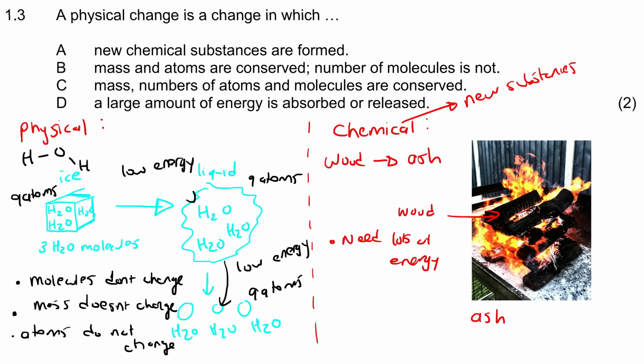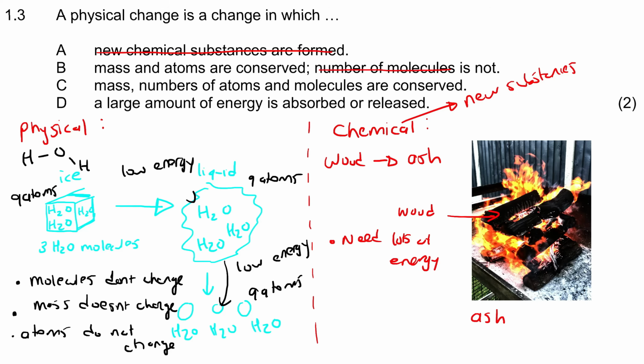So, there's a whole bunch more we could talk about physical and chemical, but I think we have enough information to now go and answer this question. It says that a physical change is a change in which new chemical substances are formed. That is not correct. That would be a chemical change. Mass and atoms are conserved, but the number of molecules is not. That's not true. We said that molecules don't change, so the molecules are also conserved.